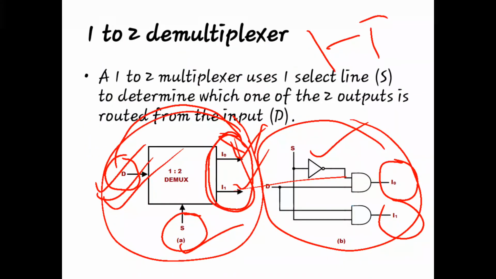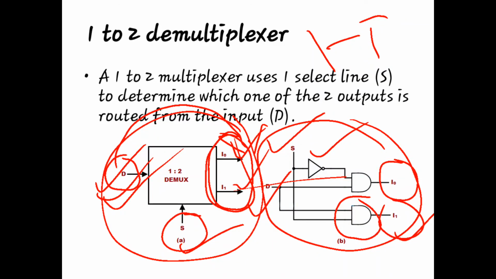The select line S and the second input D are fed to this AND gate, and we compute I1.